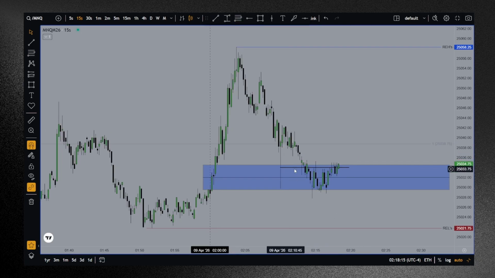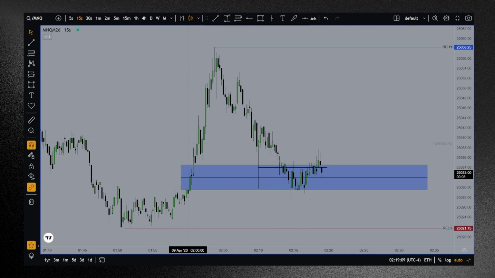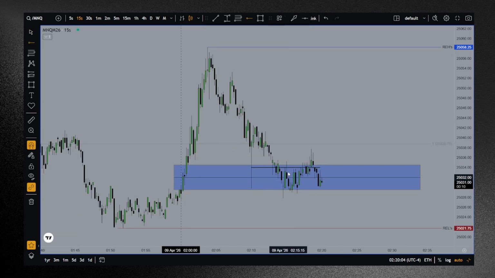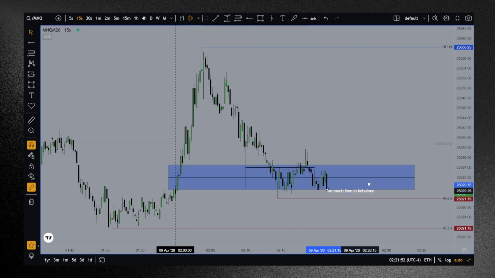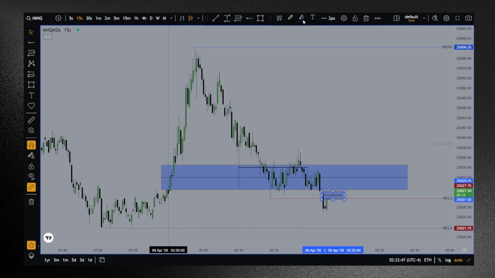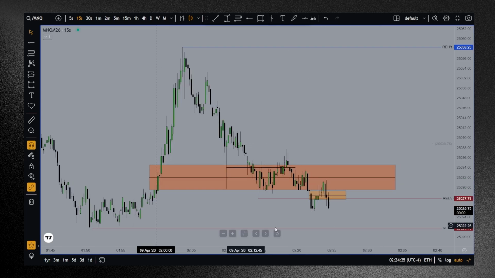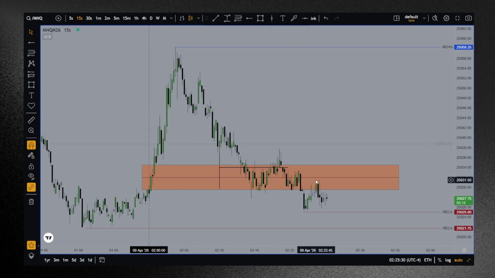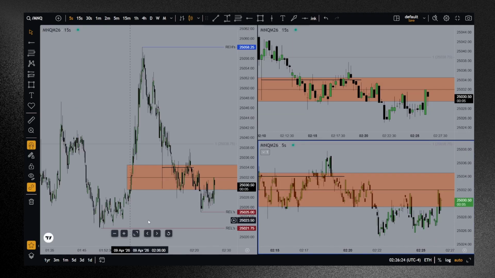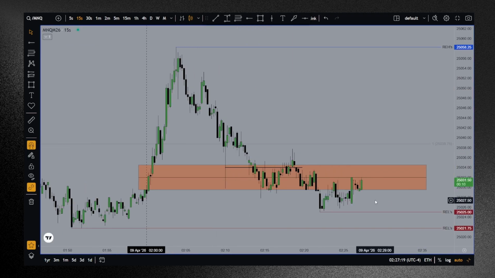And here I was anticipating a potential market maker sell model that could fail and trade higher, but the price was spending a lot of time inside of this inefficiency, which made me step back, and I took it as a red flag initially.